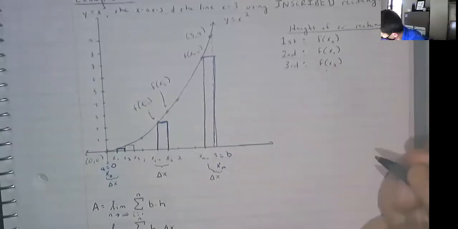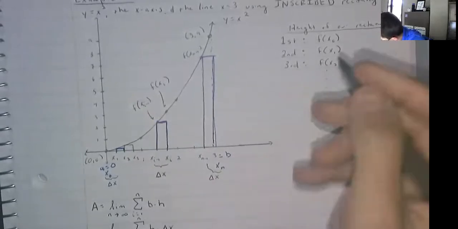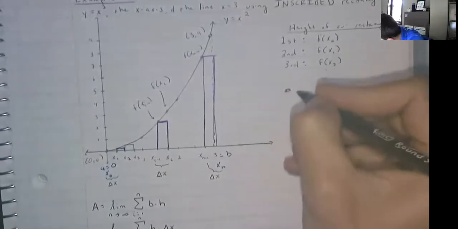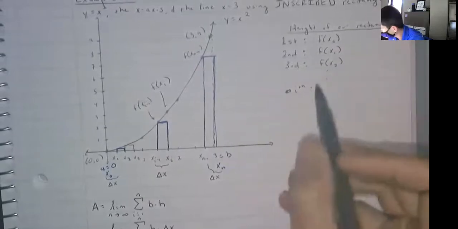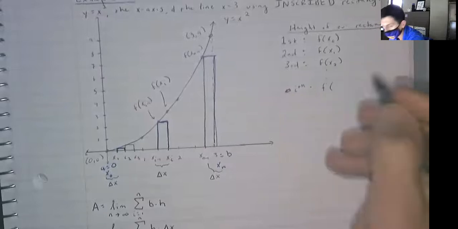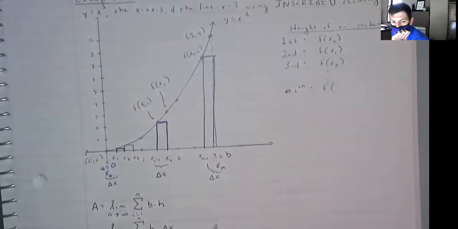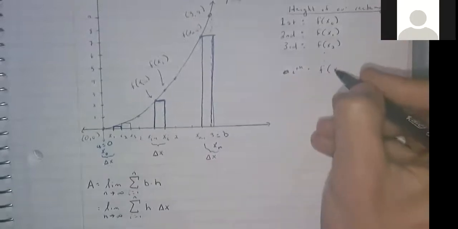Okay. Let's go dot, dot, dot. I think we're starting to maybe see this pattern. What would the height of the ith rectangle, some arbitrary rectangle, need to be? F of x sub i minus 1.